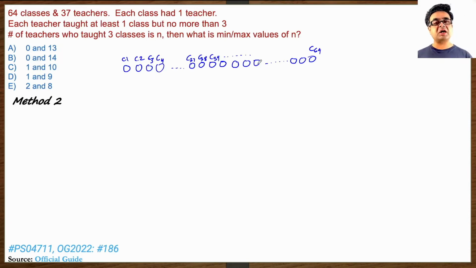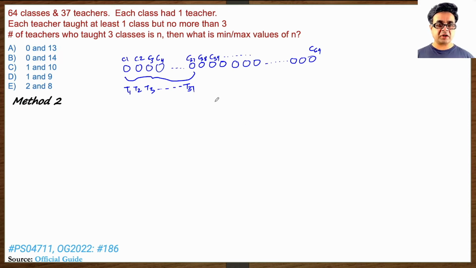And now let's start filling each of these classes with the 37 teachers, because we know that each teacher gets one class. This will be my first go of filling T1, T2, T3 all the way to T37, right? So I have filled the first 37 classes with the 37 teachers I have.